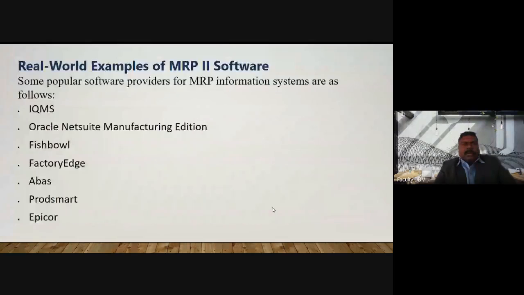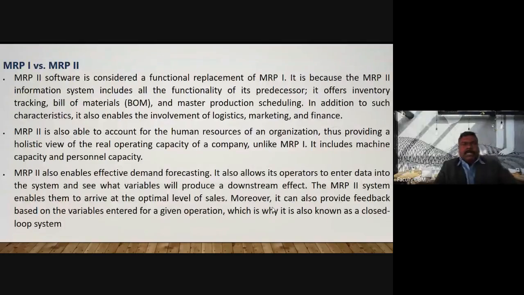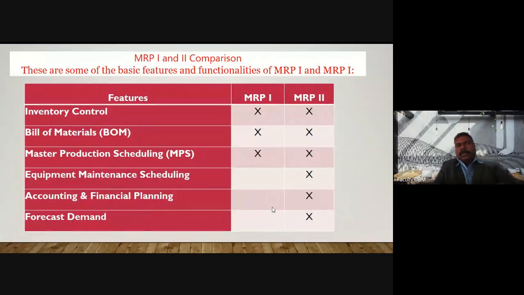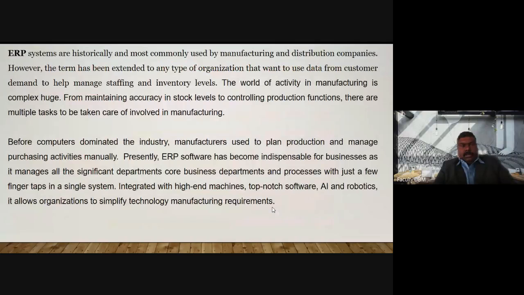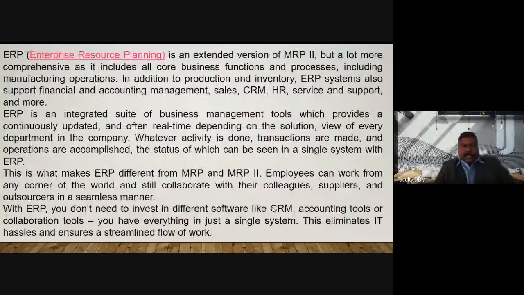And coming back, these are the softwares of MRP2. So these can be used, but nowadays no one is using this. This is the difference between MRP1 and 2. Comparison means what are the feature differentiations. ERP system, they are dropping. Here you can see in this MRP, what he says is with ERP, you don't need to invest in different softwares like CRM, accounting tools, collaboration tools.